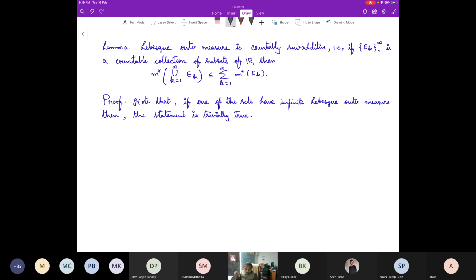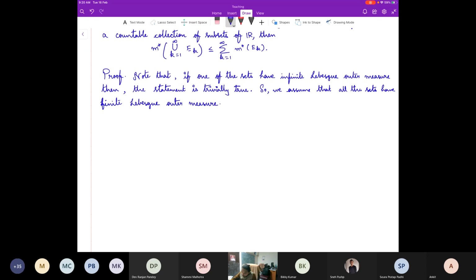So we assume that all the sets have finite Lebesgue outer measure. Fine.